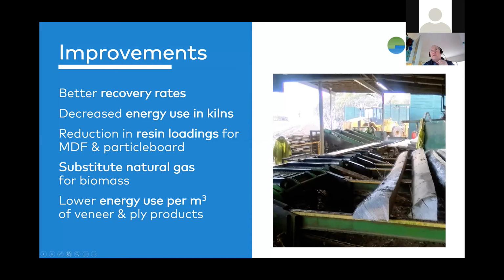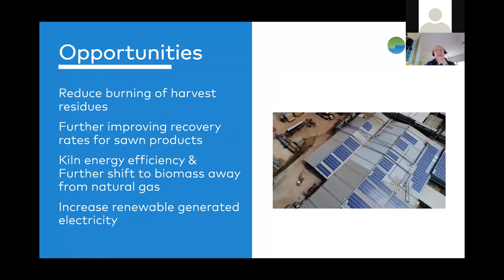And the process of developing the EPDs also led us to find some opportunities in the forestry side of things. If some alternative use can be found for some of these harvest residues, that will result in a better profile at the forestry stage. Improving resource recovery for sawn, so getting more out of the log.